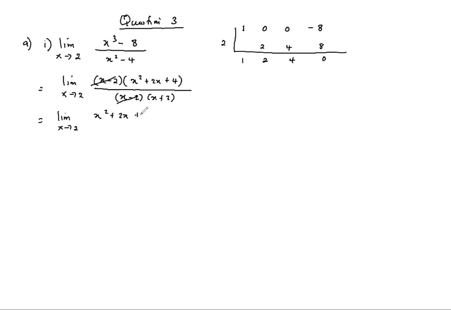This, that, here, over this. Then you substitute. You have 2 squared plus 2 plus 4 over 2 plus 2. And this is 4 plus 4 plus 4 over 4, which is 3. Because on top there you get 12, and then down you have the 4. So you have a 3.